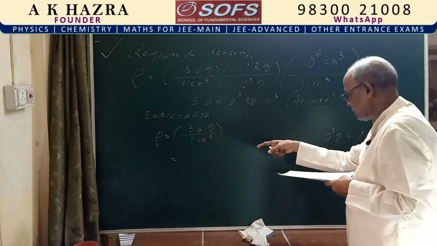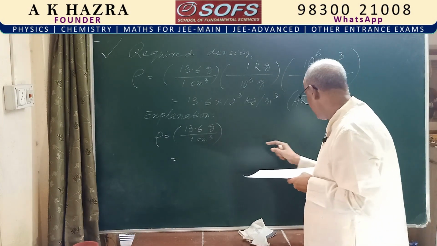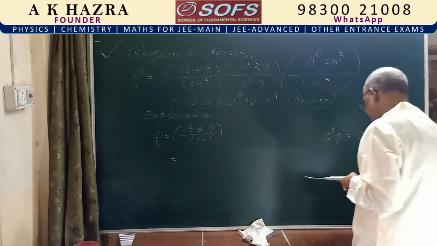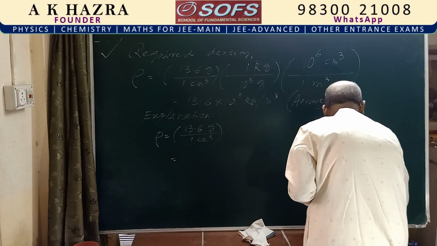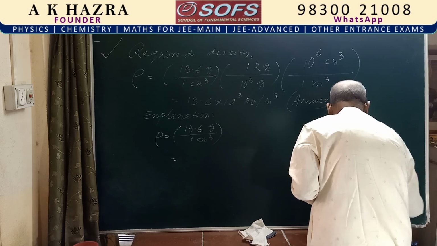Now we need gram in the denominator, because it is to be cancelled out. So dividing both sides by 10 to the power 3 gram, we will have 1 equals 1 kg by 10 to the power 3 gram.